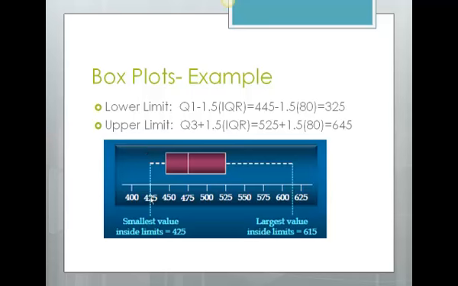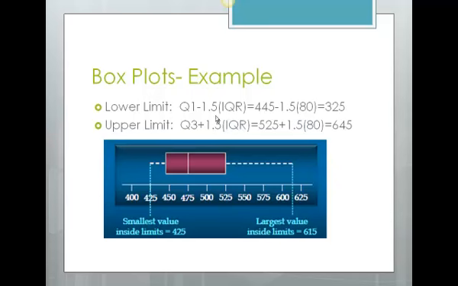Then I come up with my largest and smallest values based on my interquartile range. So first I have to calculate my interquartile range, which is 80. So that is my 525 minus my 425.